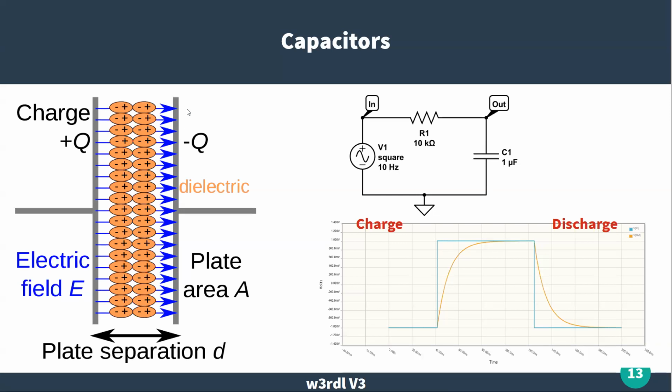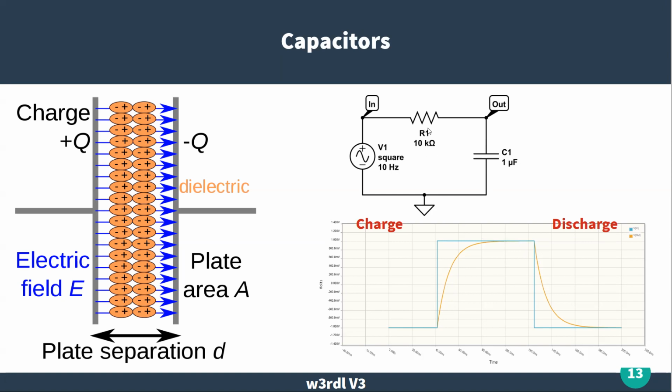So when we have a capacitor and we apply a voltage to it, in this circuit, I put a resistor in here to control the amount of current. Because if there wasn't one there, you wouldn't see anything on this plot because you'd have almost an infinite current for a very short period of time and charge it up.